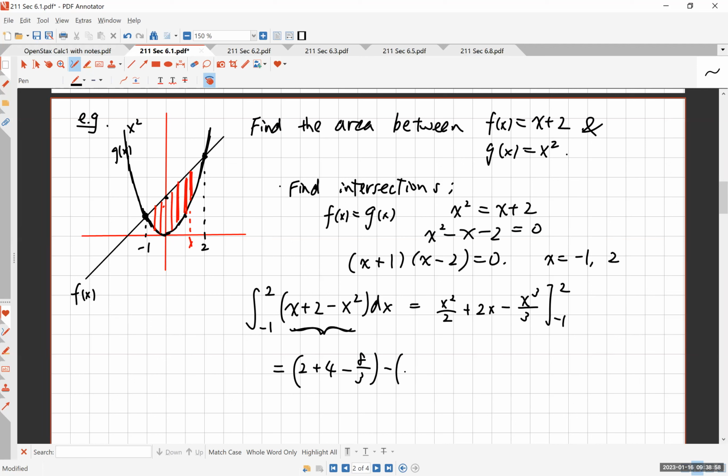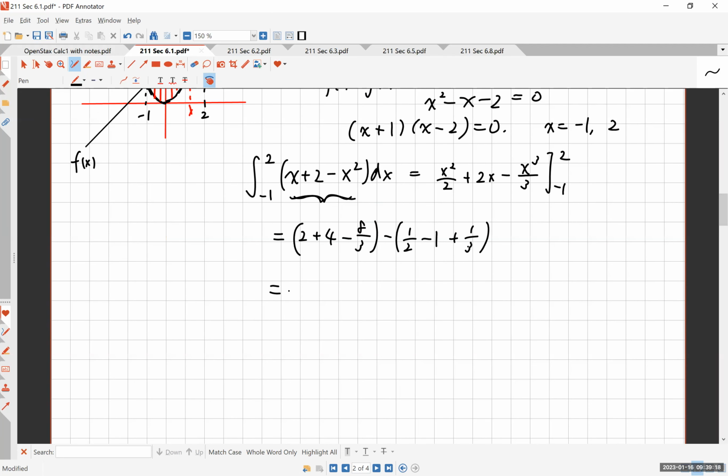Now again, it's tricky, so be careful here, right? It's -1 squared, which is 1 over 2, minus 1. Now it's minus -1 over 3, so it's plus 1/3. Okay, so you have to be very, very careful at this point, because you don't want to mess up.